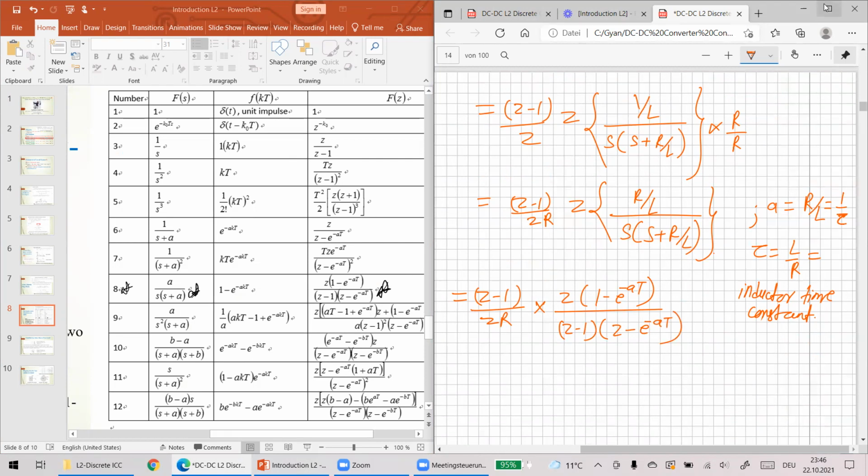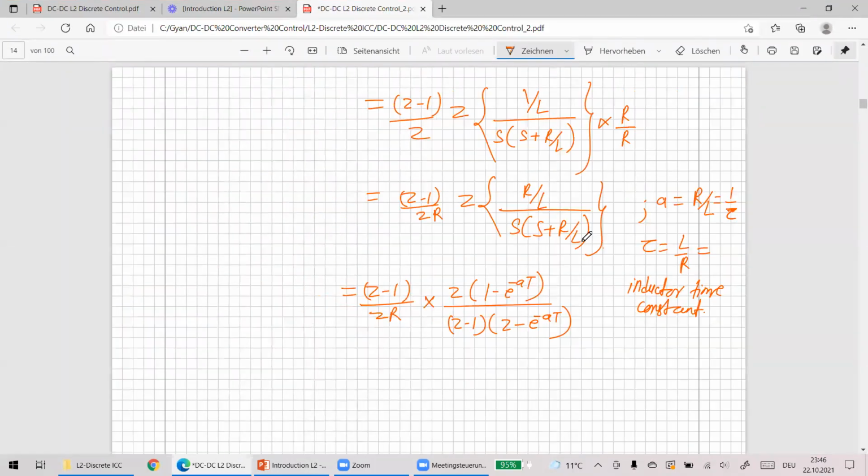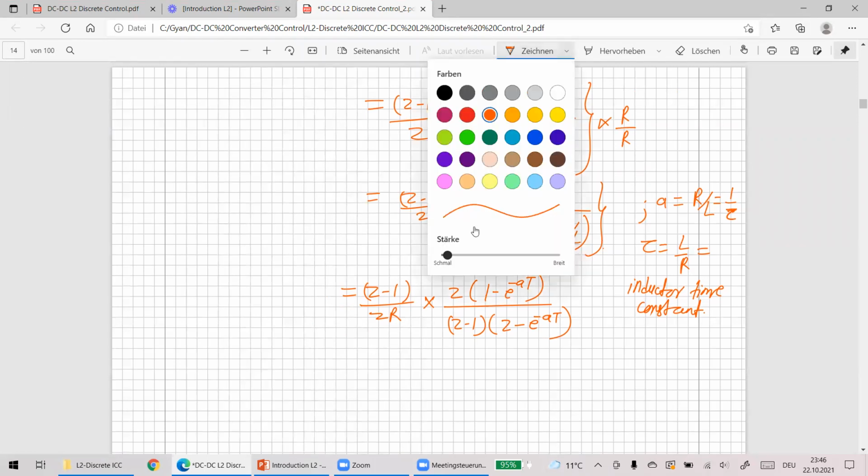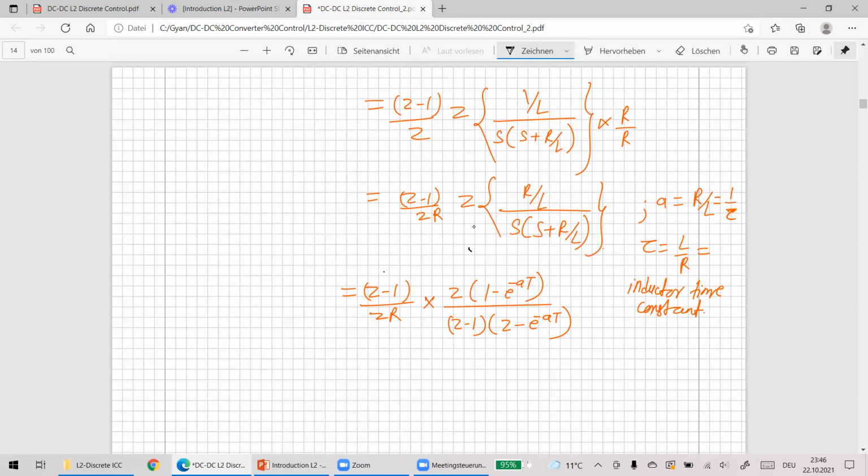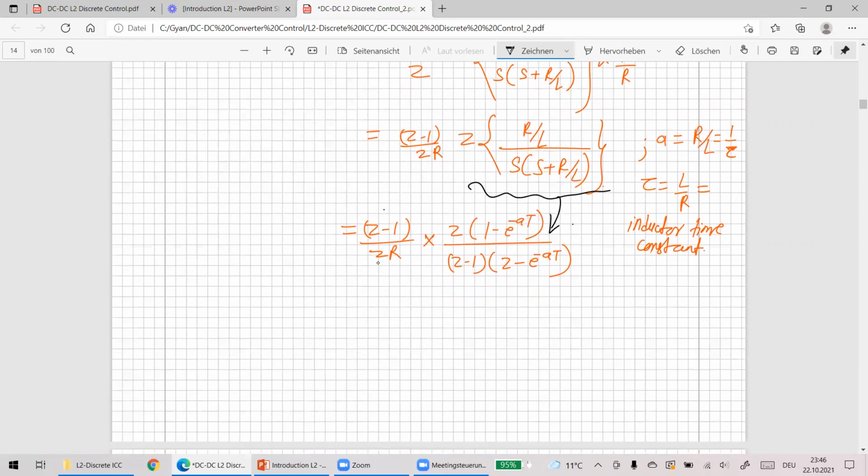Okay, so now the work of the table is done. So that was the only work of the table. From the table we get this transfer function in Z domain. Now we just have to do simplification.